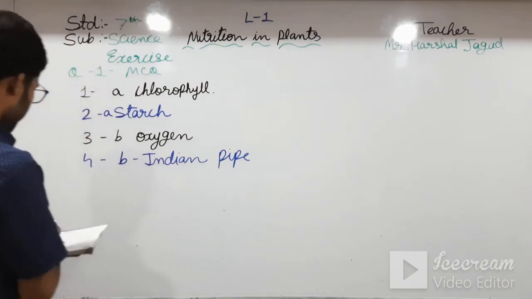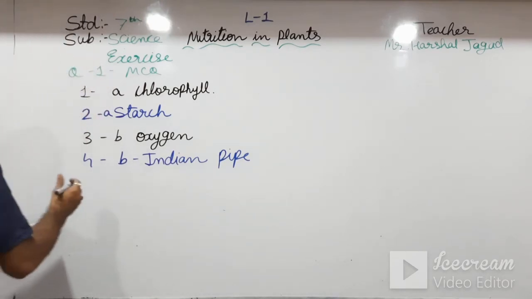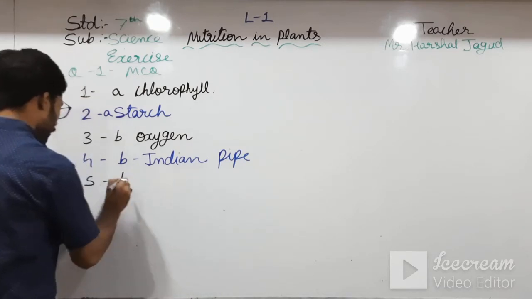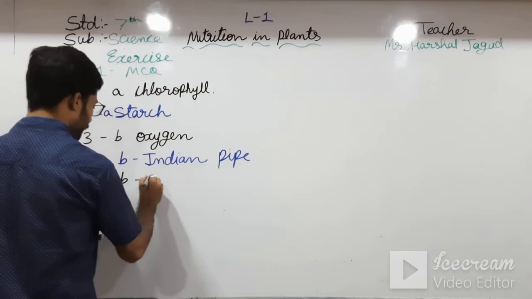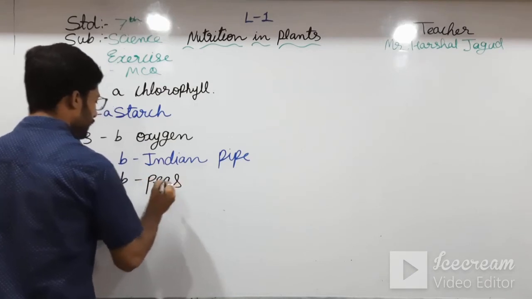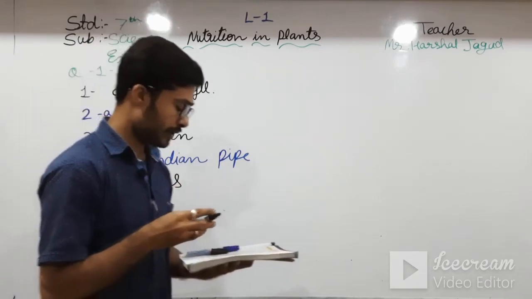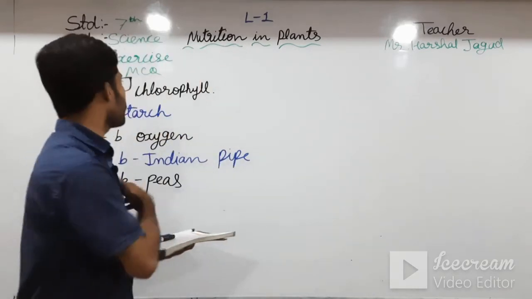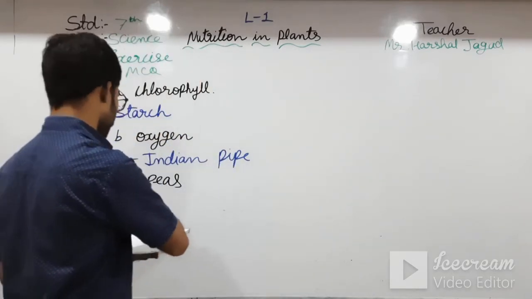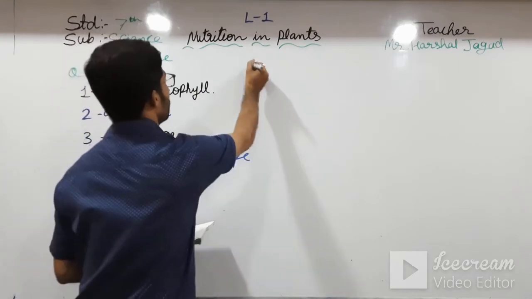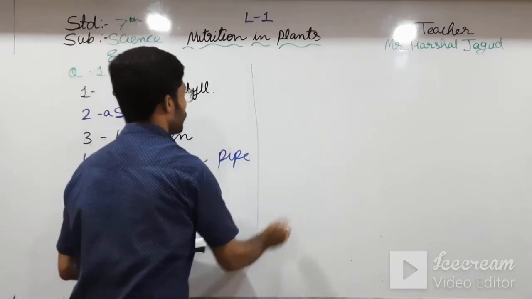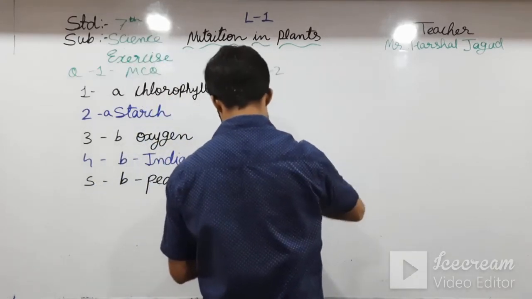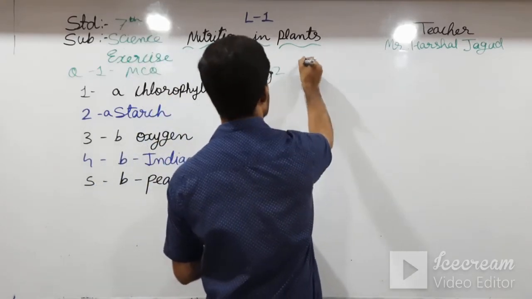We have just seen this in the previous topic, that is, the farmer should grow peas for the nitrogen. Okay students, next the question number 2, that is fill in the blanks.